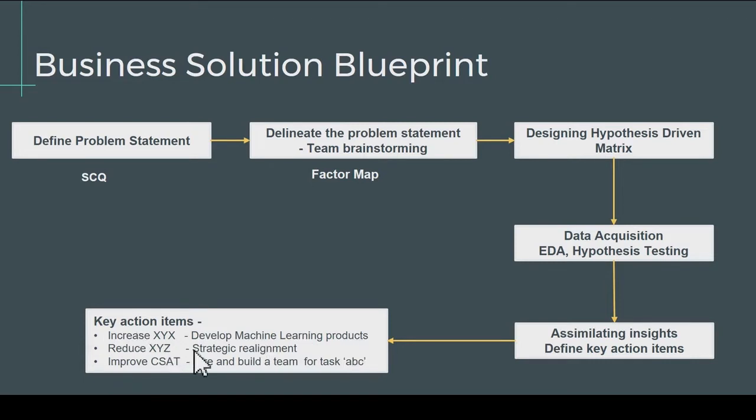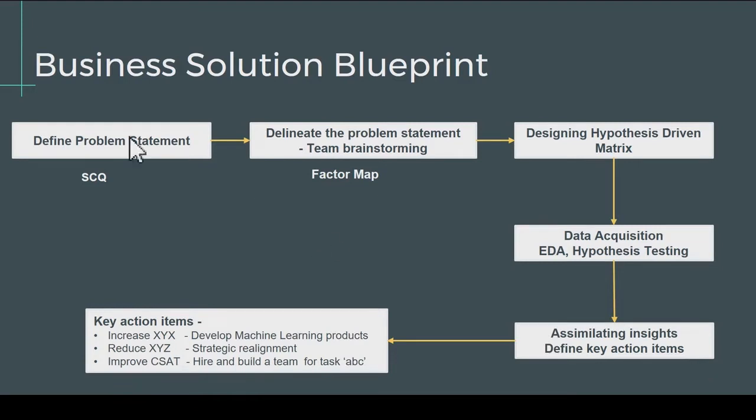So there'll be some strategic realignment, or improve CSAT, customer satisfaction. There'll be an associated outcome with that. So there'll be an endless list of action items and different priorities that would come after you assimilate the insights.